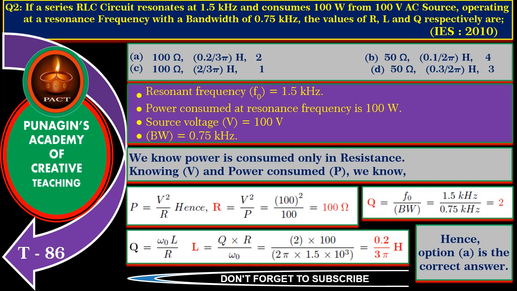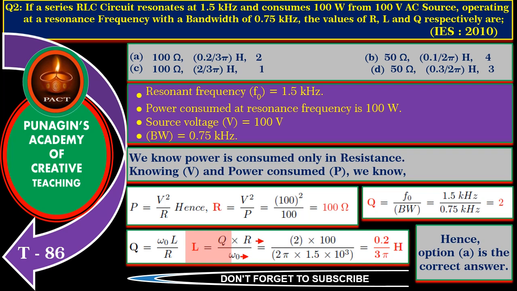Further, to find L, we know Q is equal to omega naught L divided by R, from which we get L is equal to Q into R divided by omega naught. But we know omega naught is equal to 2 pi F naught.